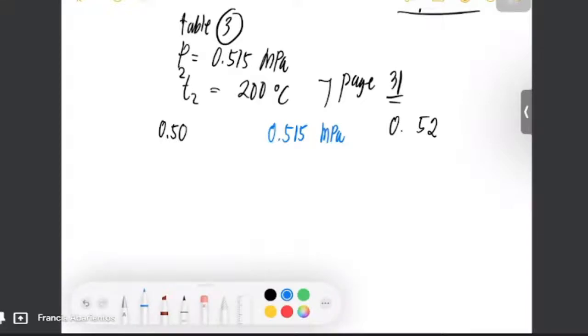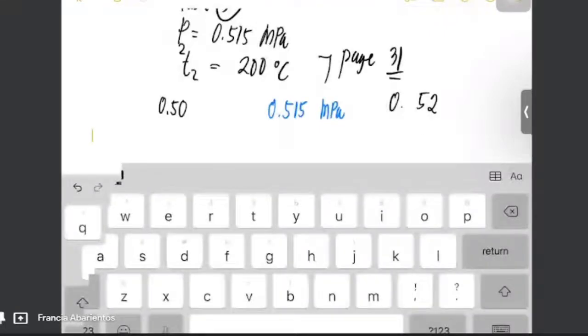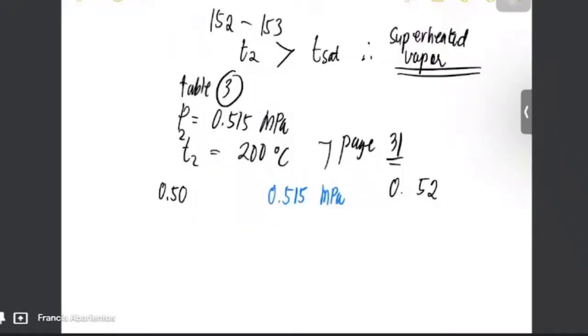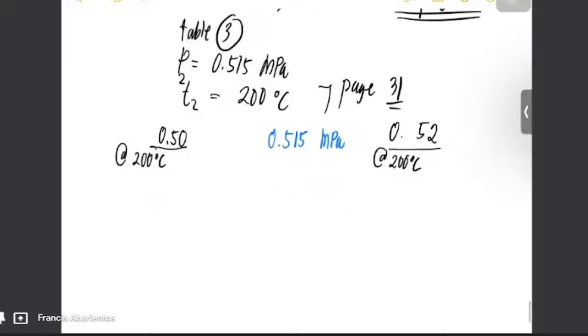Okay. Ano muna yung given? Punta ka dun sa 0.5, 0.52 at 200. Isulat mo na ni ma'am lahat para madali mag-interpolate.